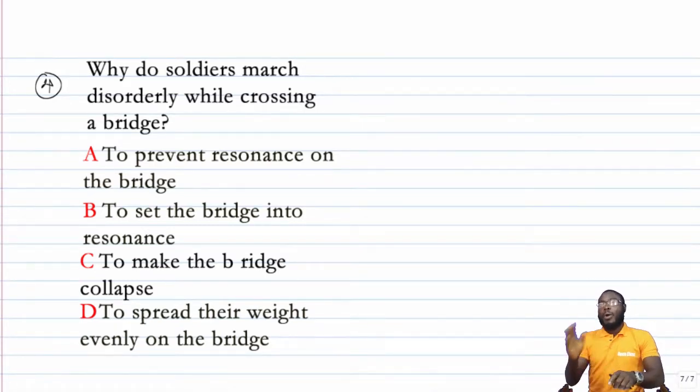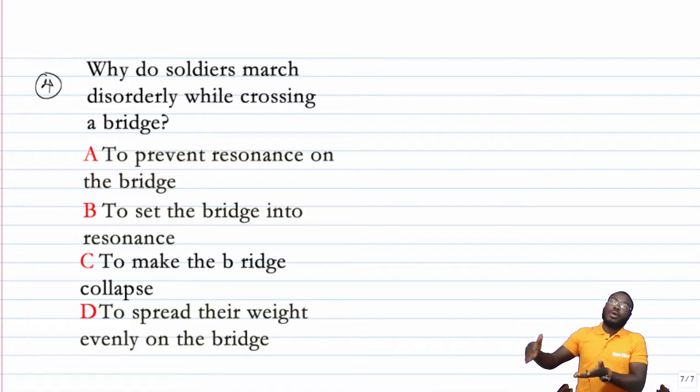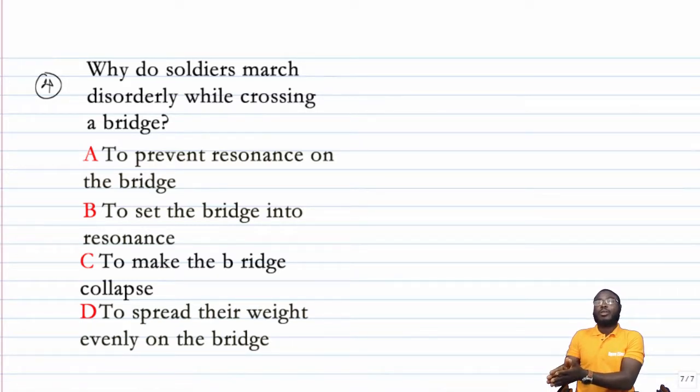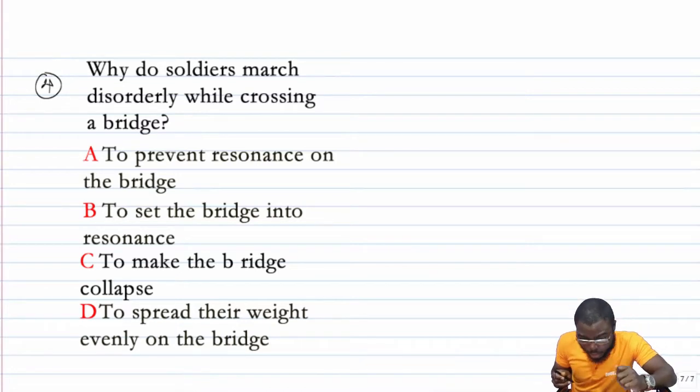So soldiers need to march disorderly so that they don't set this thing into a uniform vibration, which could lead to the same vibration as the natural vibration of the bridge, and that will cause resonance. So that is the essence.